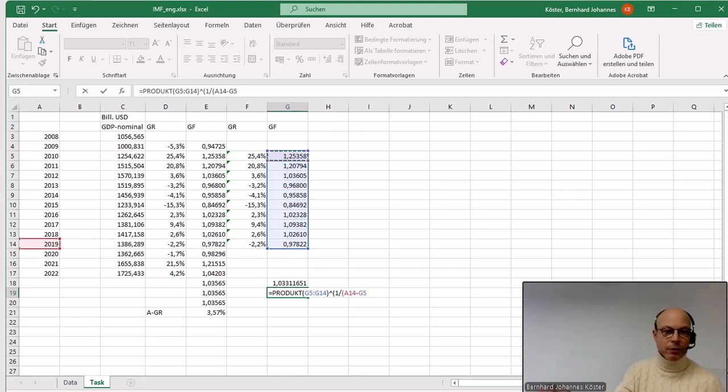You have, of course, only the growth rate of 2010 since we are starting at 2009, but the period length is down to 2009. Yeah.